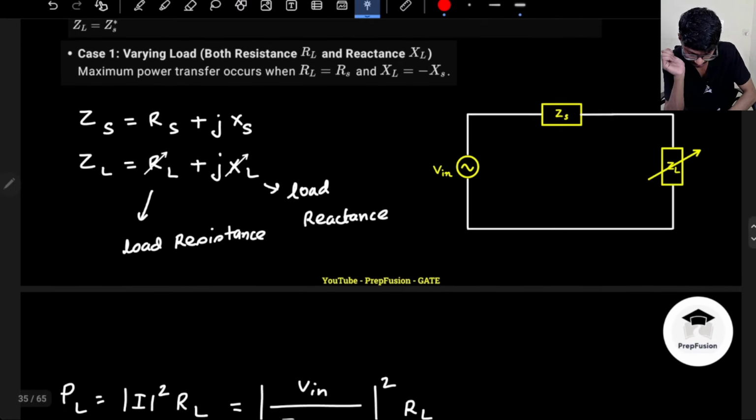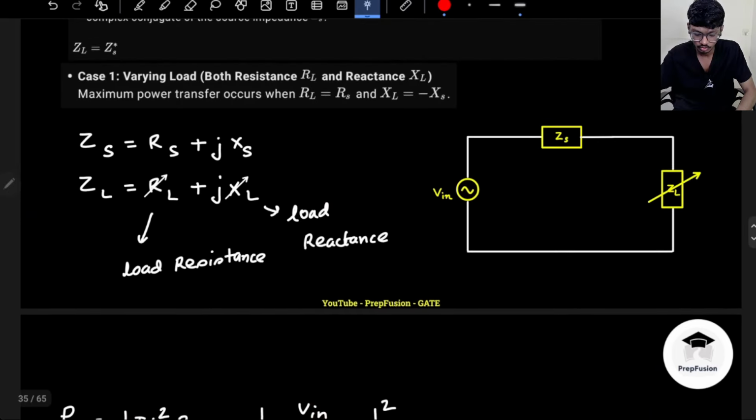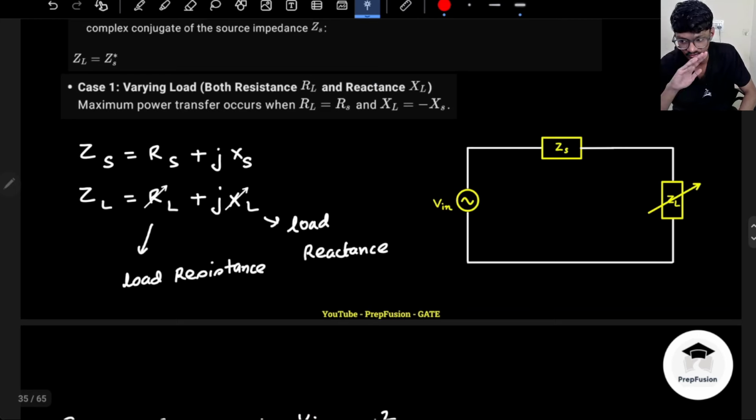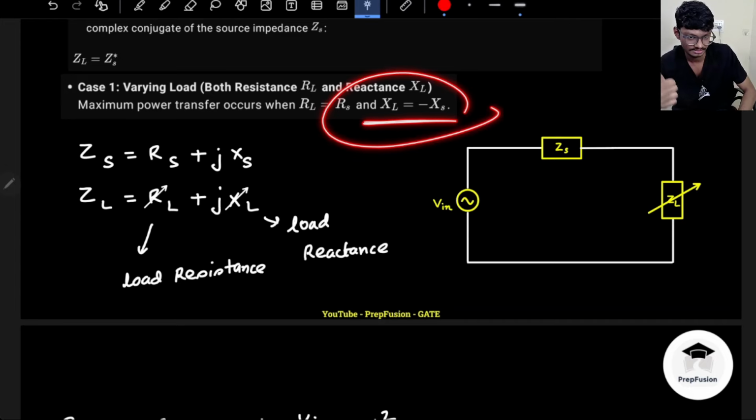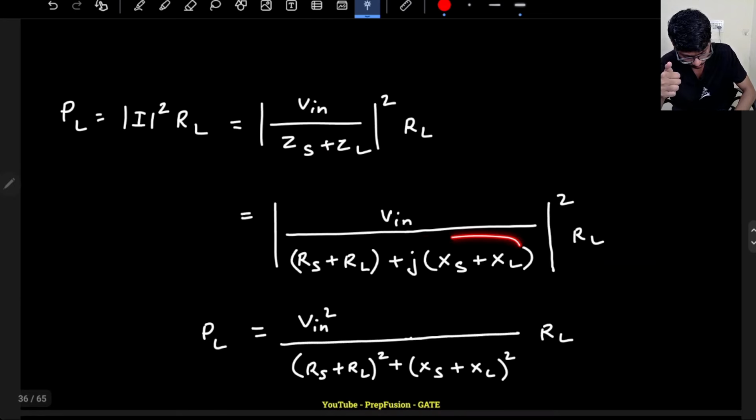I is Vin upon Zs plus ZL. Vin is constant, so I have to minimize this Zs plus ZL. Of course resistance can never be negative. I cannot have a negative resistance unless it is an active circuit. So somehow I have to cancel this reactance. If I cancel this reactance, the overall impedance will be lower.